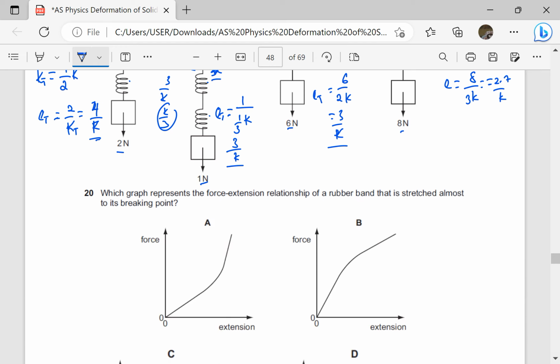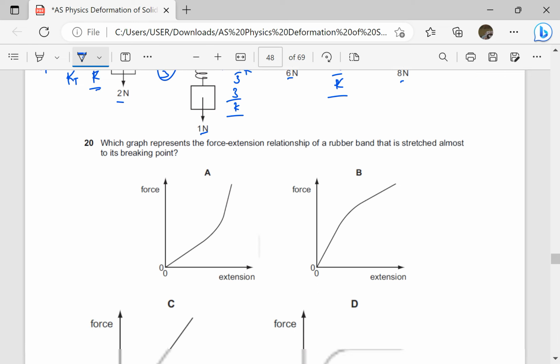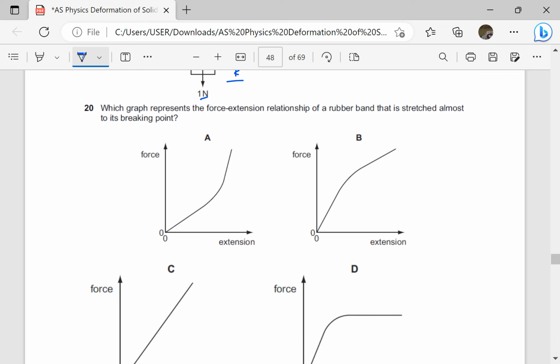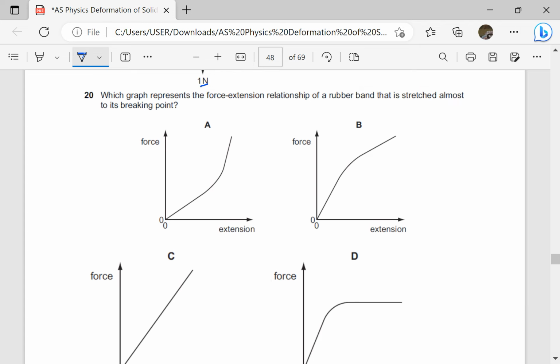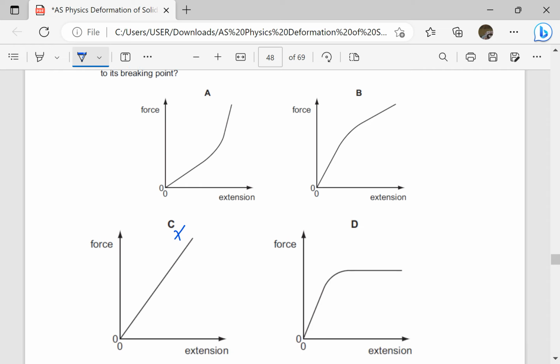Which graph represents the force extension relationship for a rubber band that is stretched almost to its breaking point? Almost to its breaking point. So here, this is not going to be a rubber band because we are seeing that as force increases, extension is perfectly directly proportional to it.